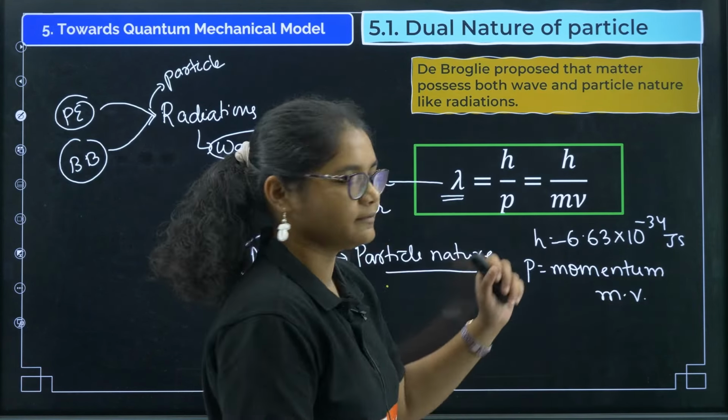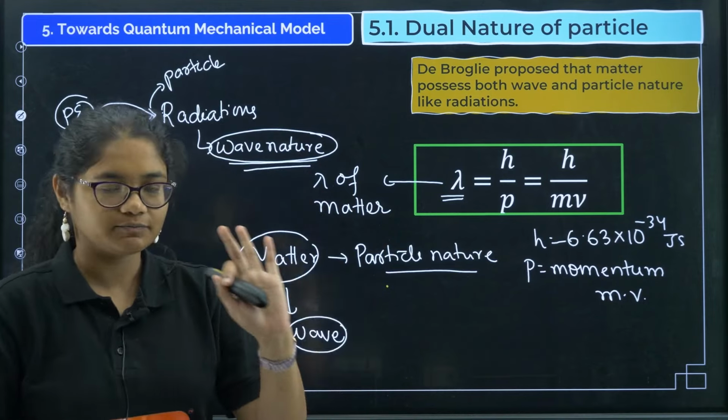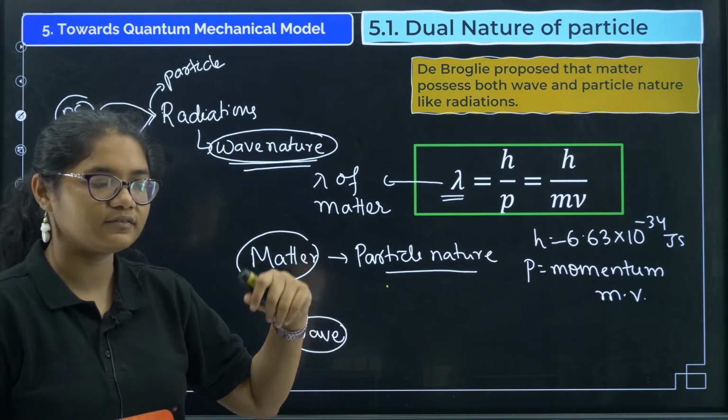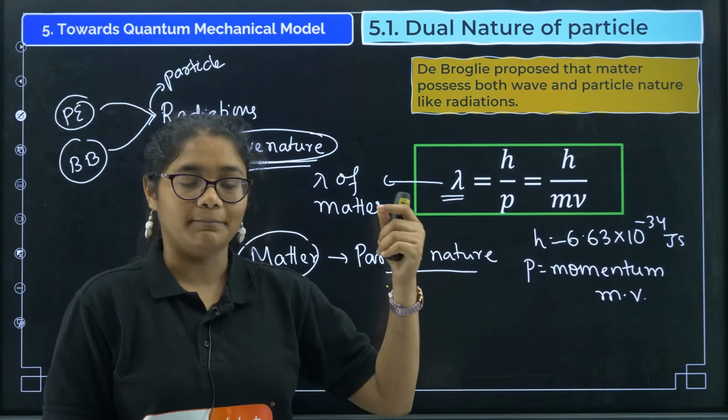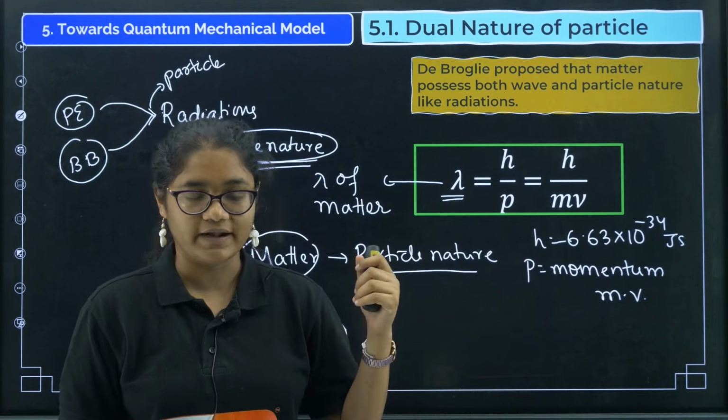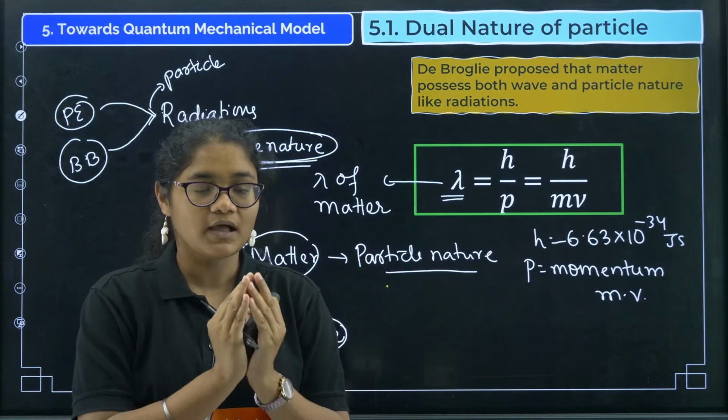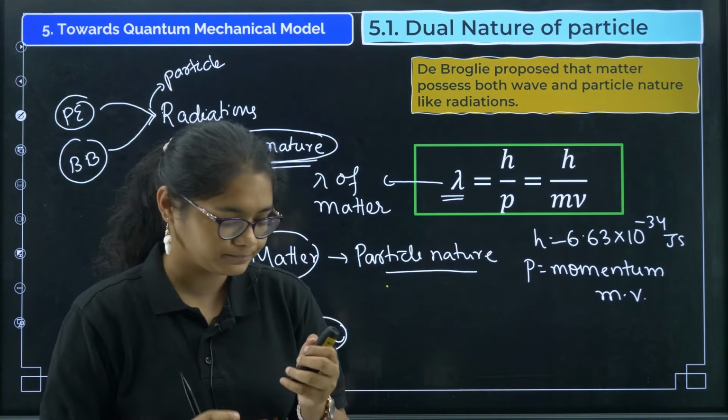I hope this part is clear. This dual nature of matter was given by de Broglie. That is the first development towards the quantum mechanical model.